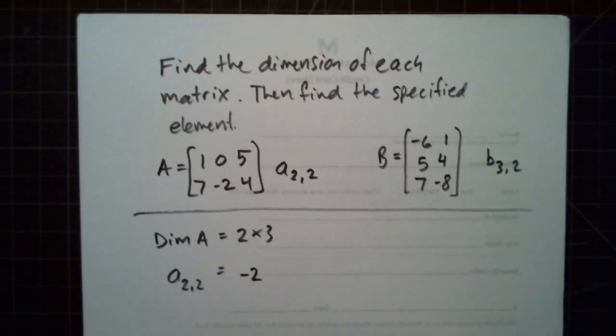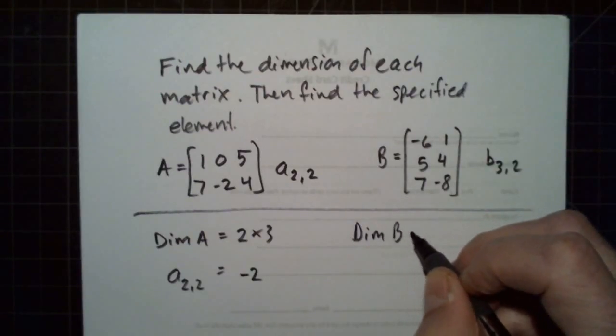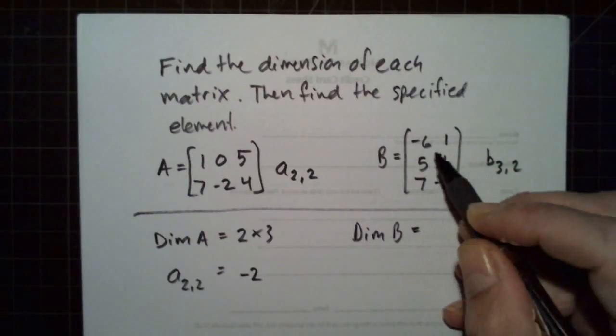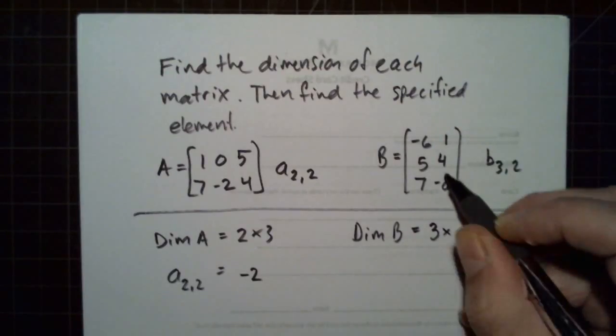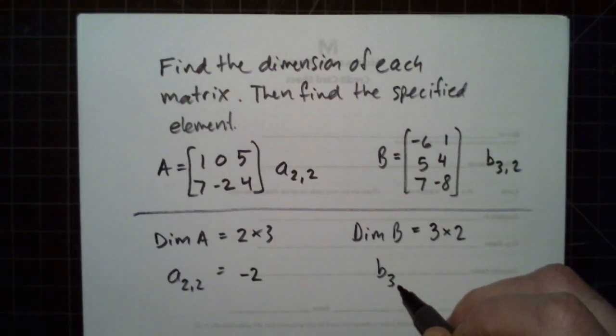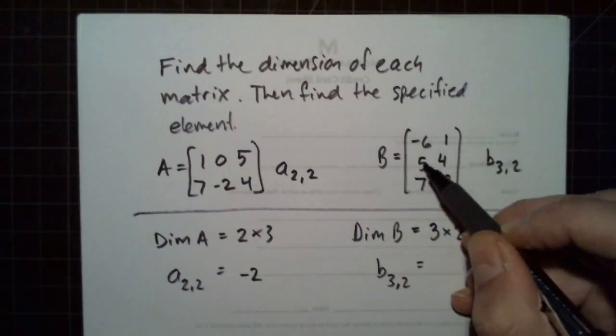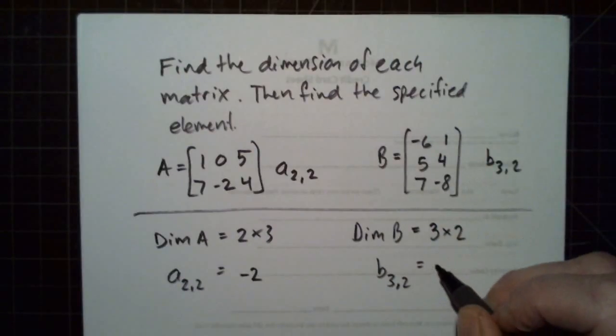That is that element. And you try this one. So the dimension of B is 3 rows by 2 columns, and element 3, 2 is negative 8.